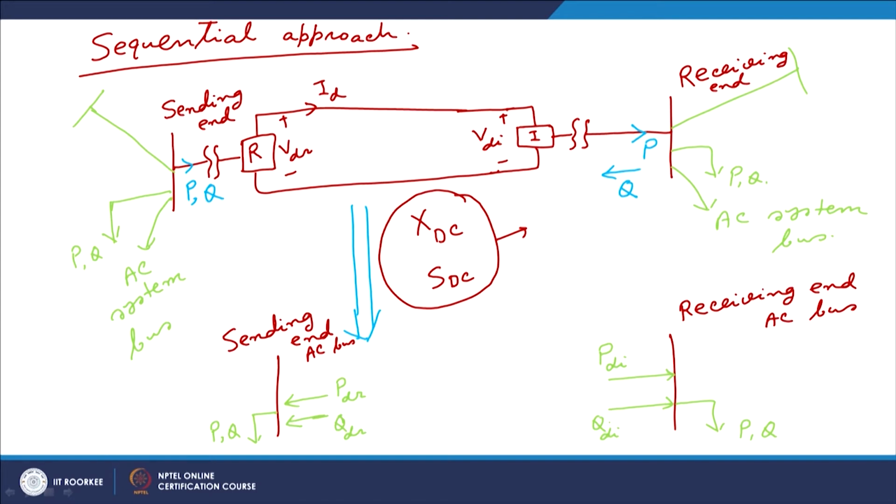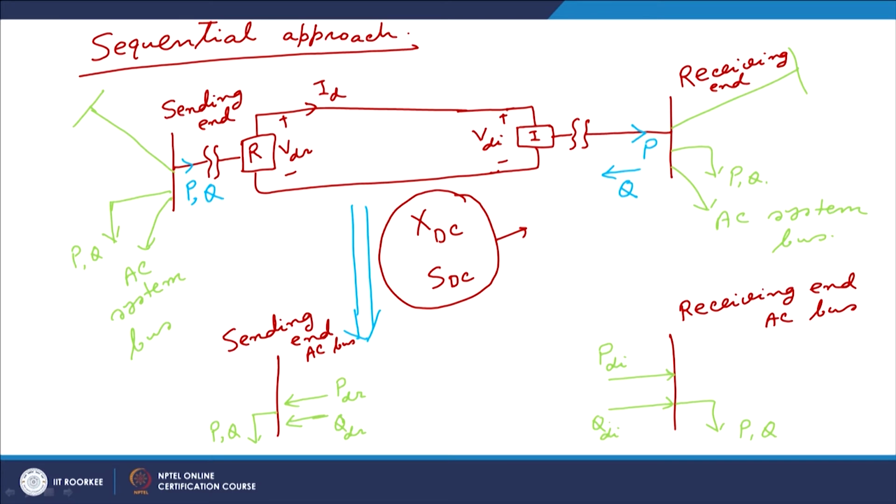But then ultimately what is happening is that we are representing the effect of this rectifier to the sending end bus by an equivalent PDR and QDR, and we are representing the effect of this inverter to the receiving end AC bus by an equivalent PDI and QDI.